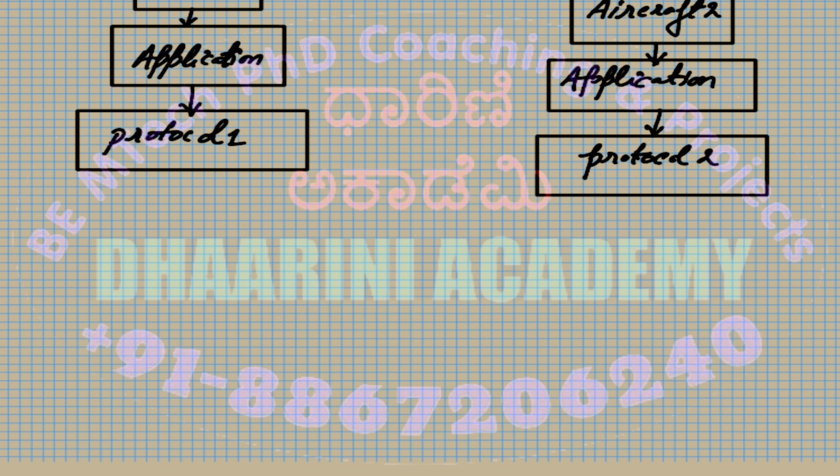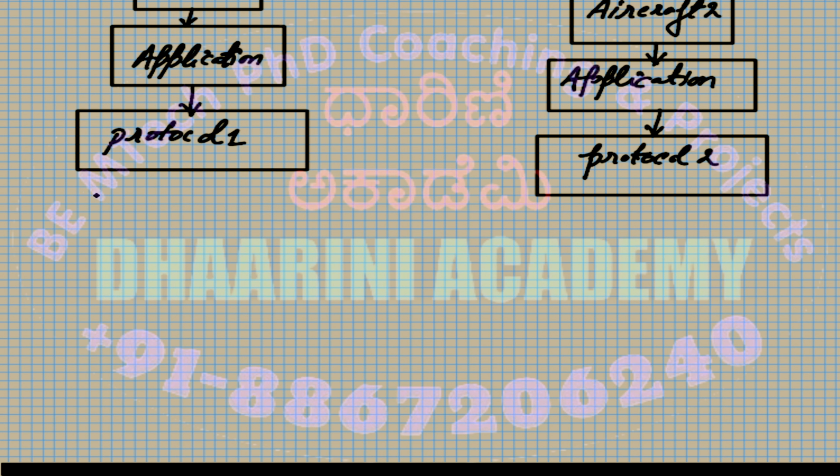Now, basically, I'll write here. This protocol could be something like what type of data it is handling, what type of data you are trying to send, or what type of communication you are using. Maybe I'll just write as a different block here.